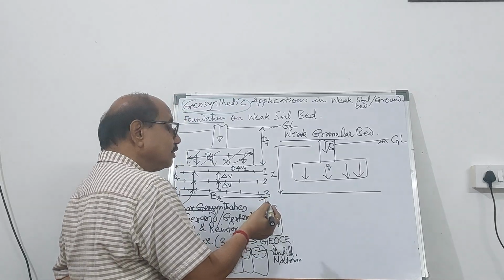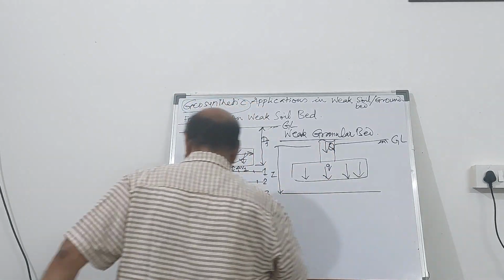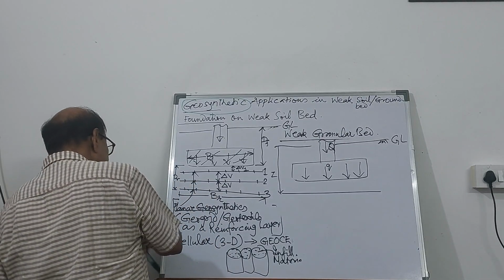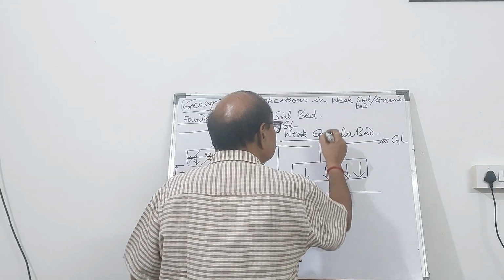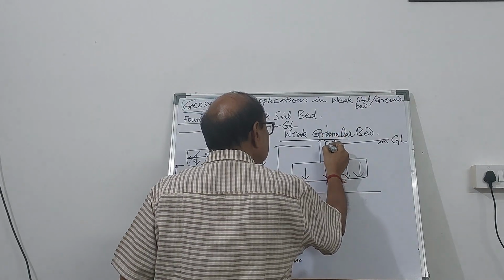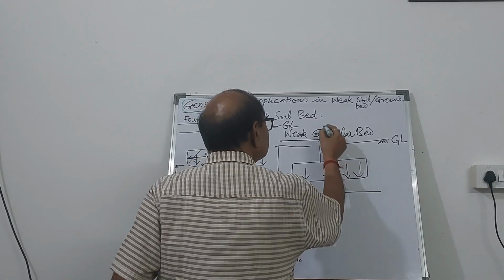The vertical pressure is going to be maximum at the center. So let's say the center line, I can draw it. This is the center line.